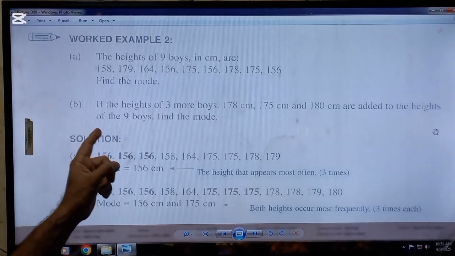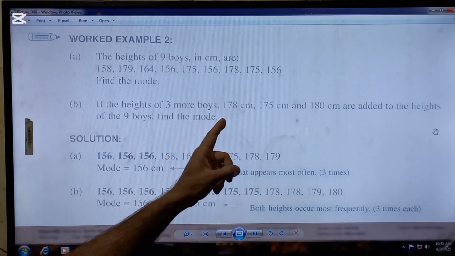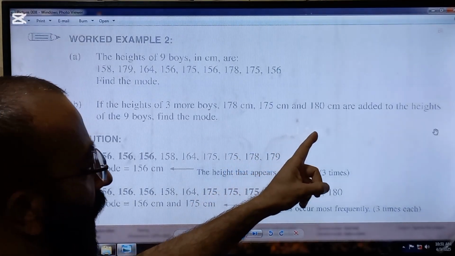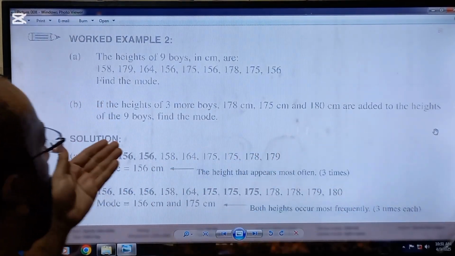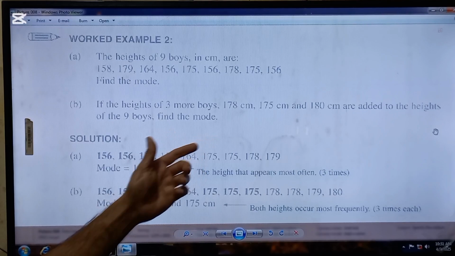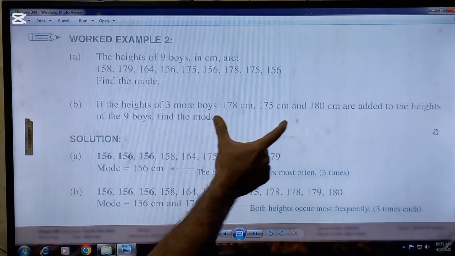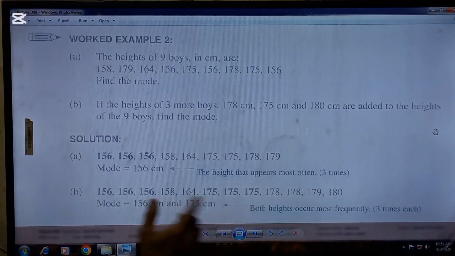B part: if the heights of 3 more boys, 178 centimeters, 175 centimeters and 180 centimeters, are added to the heights of the 9 boys, find the mode. That was the previous data, and 3 more heights are added to the data.